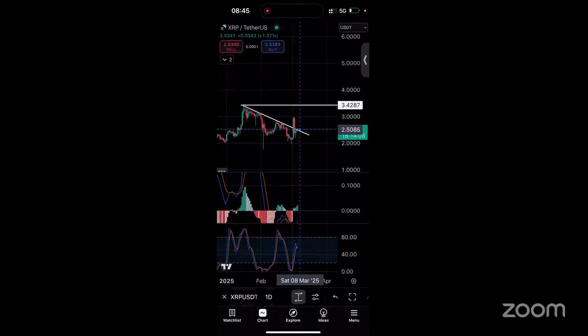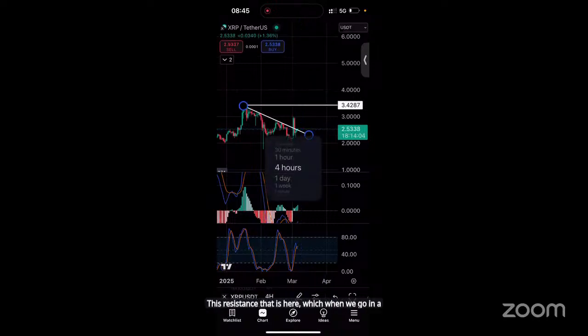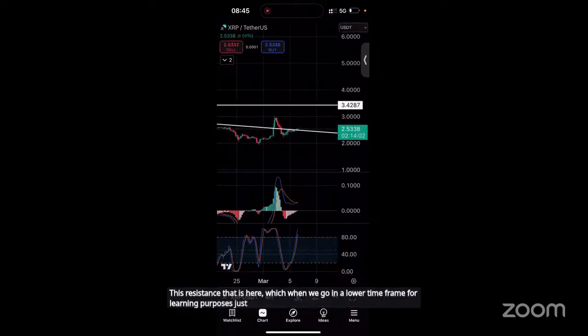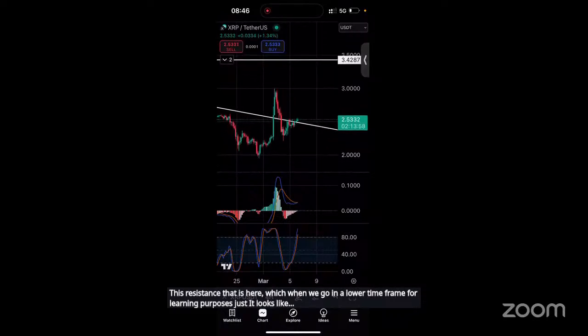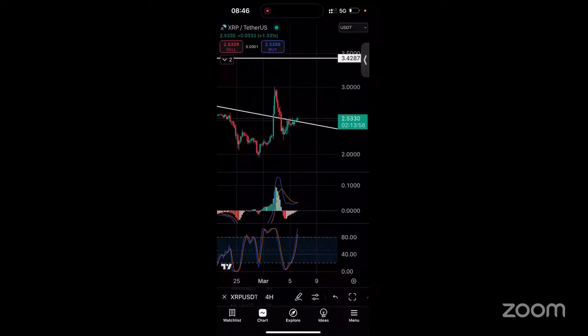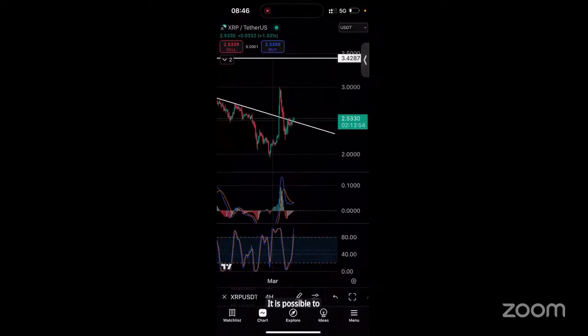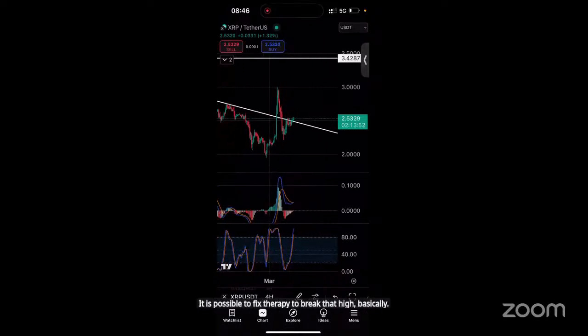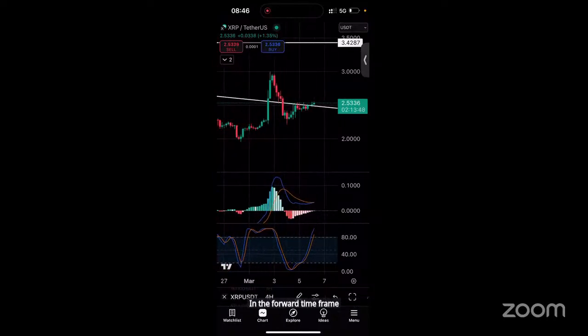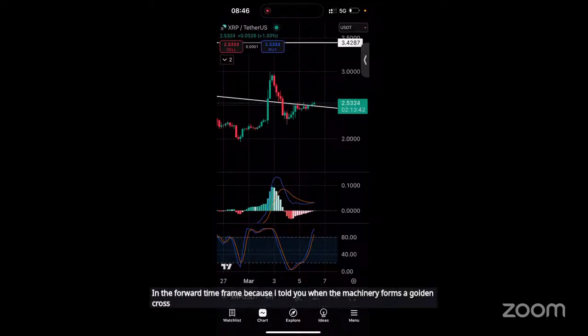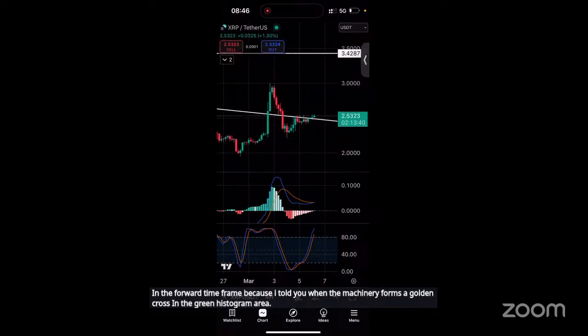this resistance that is here, which when we go to a lower time frame for learning purposes, it looks like it is possible for XRP to break that high in the 4-hour time frame, because I told you when the MACD forms a golden cross in the green histogram area, usually the coin goes up.